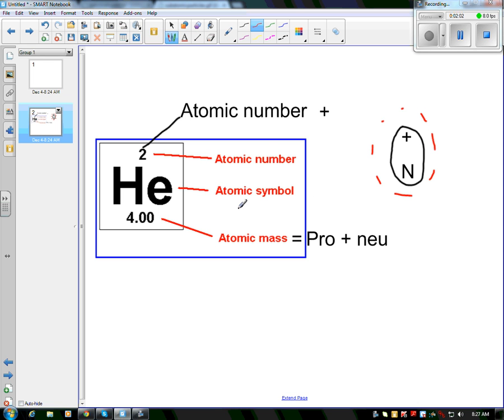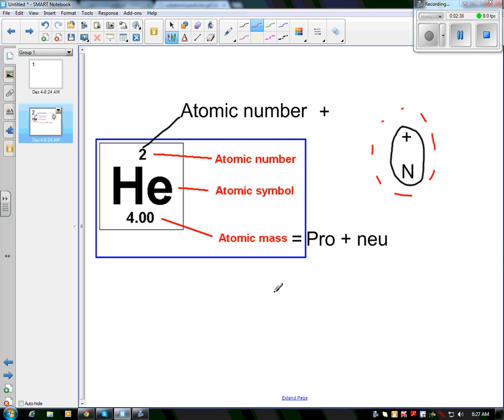So electrons, if there's no charge, protons are positive, electrons are negative. If the element is balanced, it does not have overall charge. That means the positives have to equal the negatives. In the periodic table, everything is balanced. So any element that you look at in the periodic table has the same number of protons as electrons.